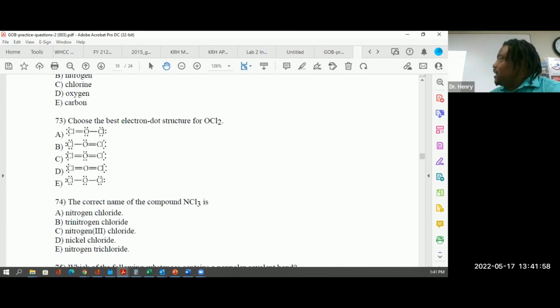Choose the best electron dot structure for OCl2.